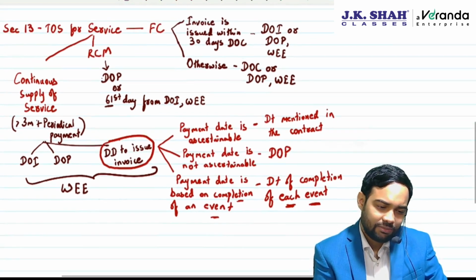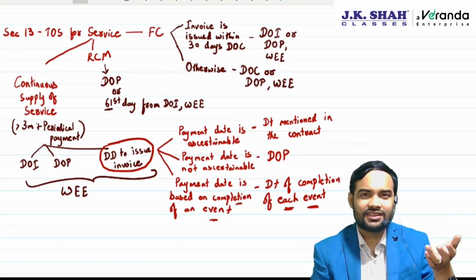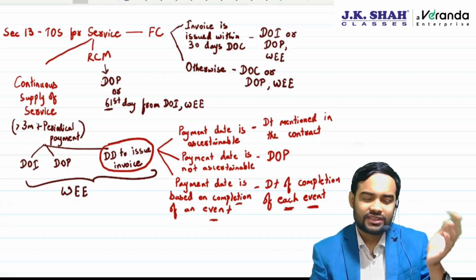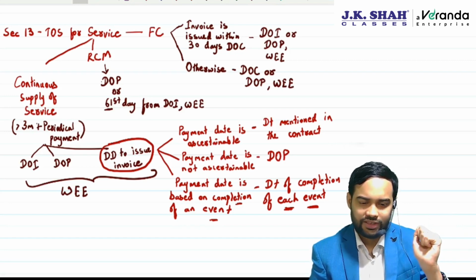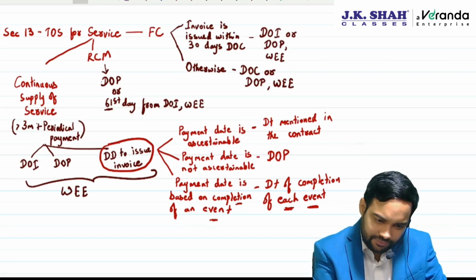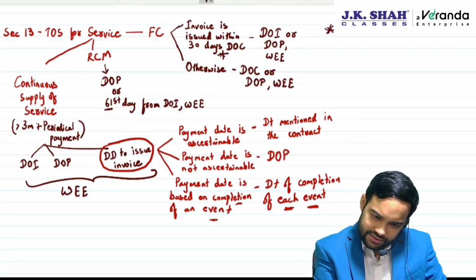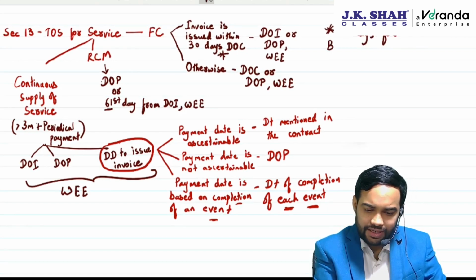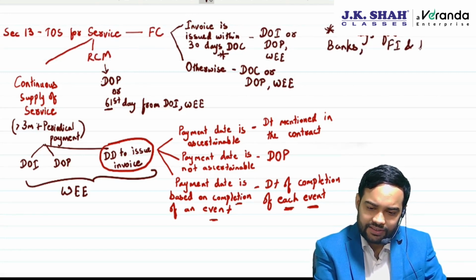So to sum up, there are totally 3 transactions. One is forward charge within 30 days, not within 30 days, RCM, date of payment or 61st day, continuous supply of service, invoice, payment or due date to issue invoice. Now some critical points. 30 days is replaced by 45 days for banks, financial institutions and insurance companies.